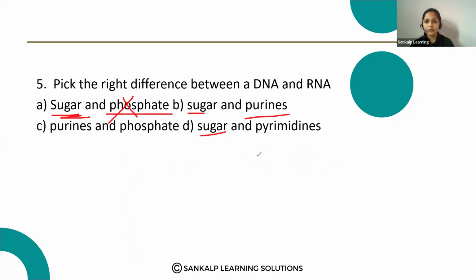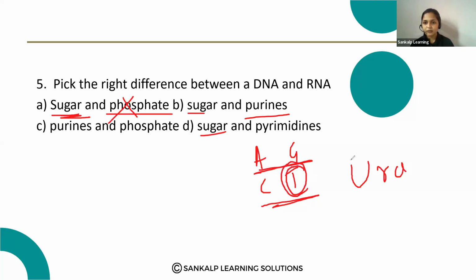Purines and pyrimidines: adenine and guanine, cytosine and thymine. So adenine and guanine are the purines. Cytosine and thymine are the pyrimidines. In case of the RNA, there will be a uracil group. In place of the thymine, uracil is replaced.